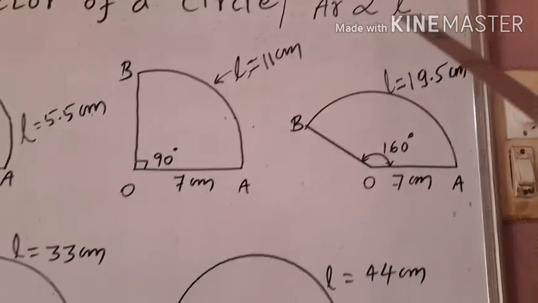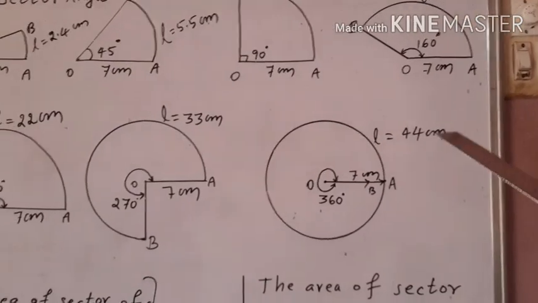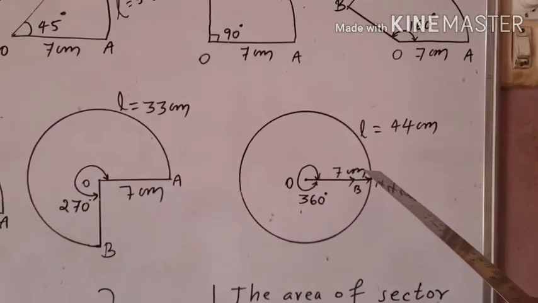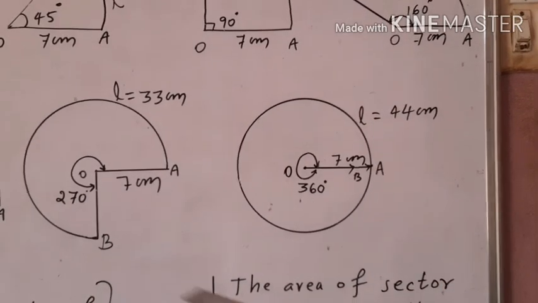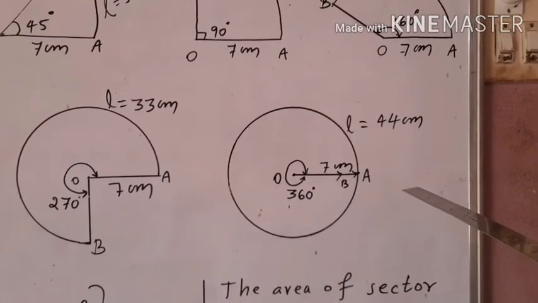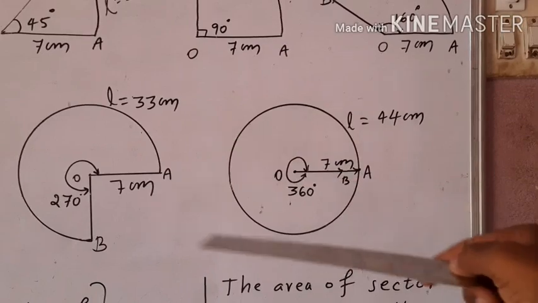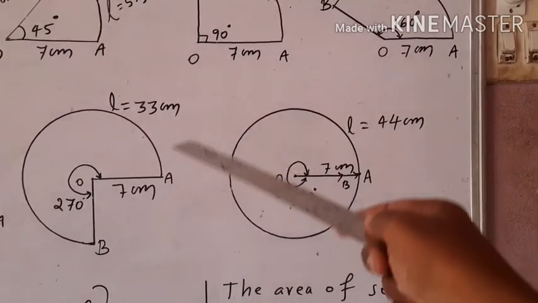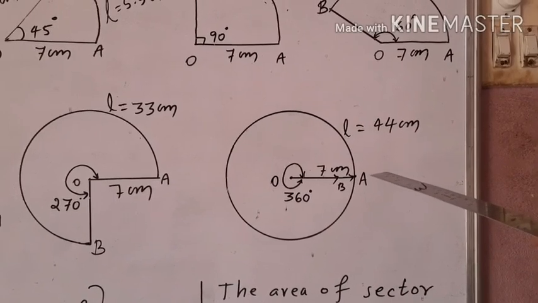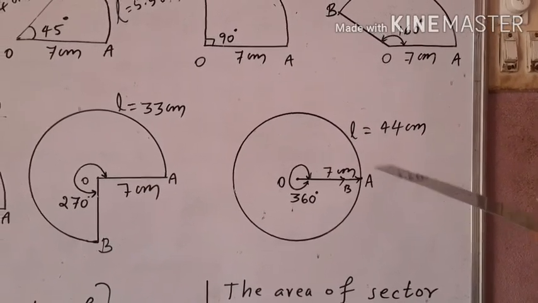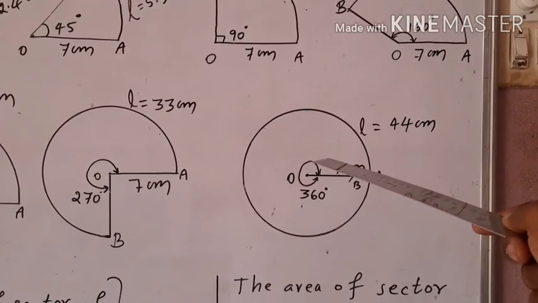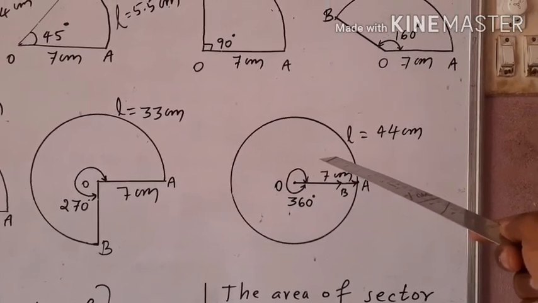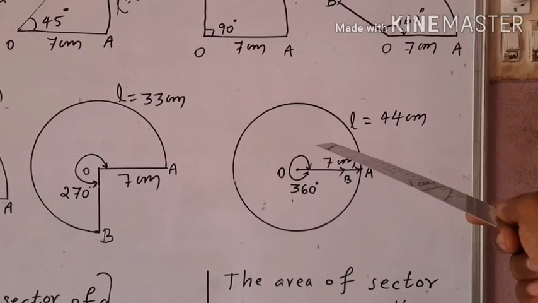Did you understand? So here children, what we learned from this is, if the length of the arc is 2πr, then its area is equal to one full circle. If the length of the arc of the sector is one full circle, then its area is exactly equal to one full circle and it is equal to πr².